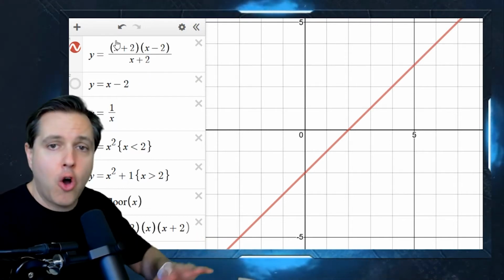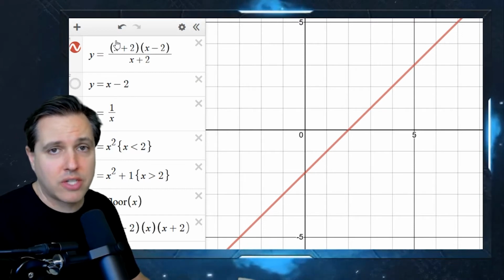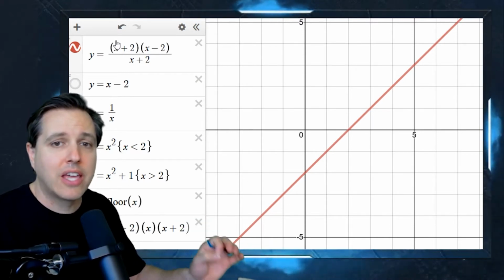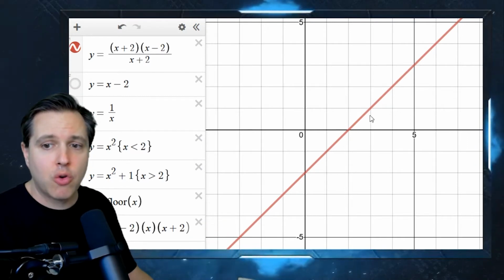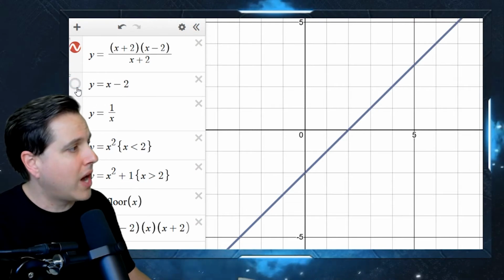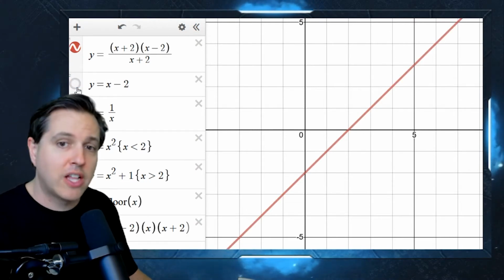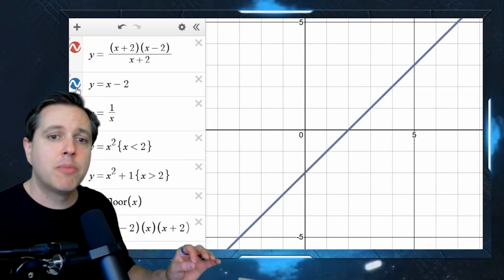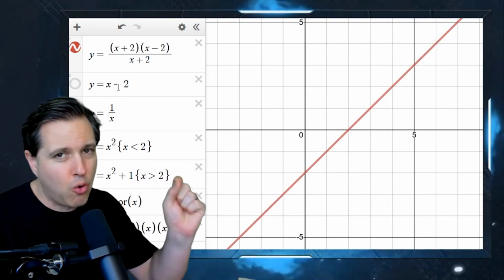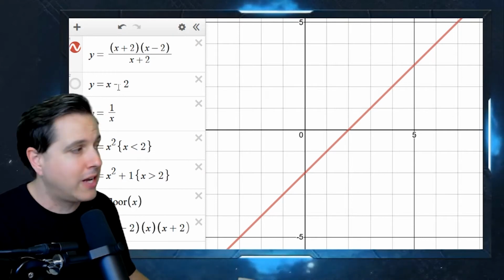So almost everywhere, those x plus 2's cancel each other out and they're gone, except at the point x equals -2. It doesn't cancel there. So although this looks like a perfectly normal line, and if I actually show y equals x minus 2, they look like they're exactly the same, but that's because most graphing utilities fail at graphing those little tiny holes where a function is undefined.